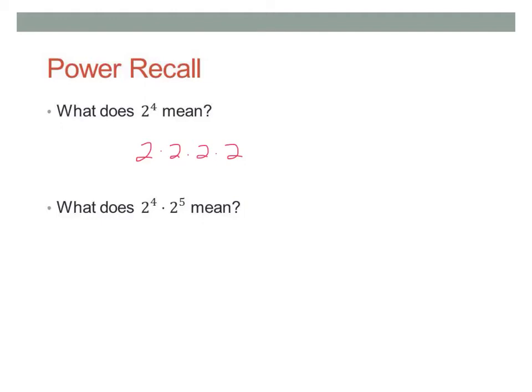So if you had 2 to the 4th, so 2 times 2 times 2 times 2 times 2 to the 5th, 2 times 2 times 2 times 2 times 2. So if I have all these 2's, how else could you write that? Well, could I write it 2 to the 9th? Because I have 9 2's. Here's 4 and here's 5, and if I add 4 plus 5, I get 9.